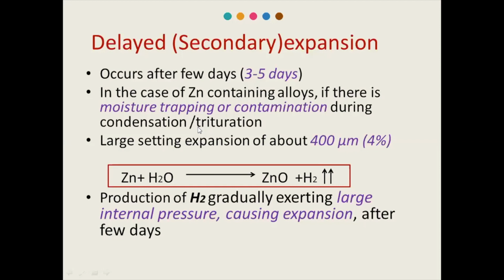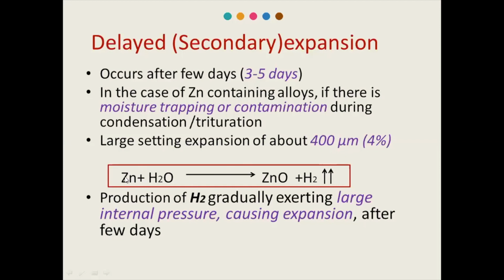this delayed expansion can occur. And this setting expansion is very large, about 400 microns, which is about 4%. Ideally, according to ADA specification number 1, 20 microns is permissible expansion, but you can see where 20 microns and where 400 microns is. It is very large setting expansion. Now how does this occur?